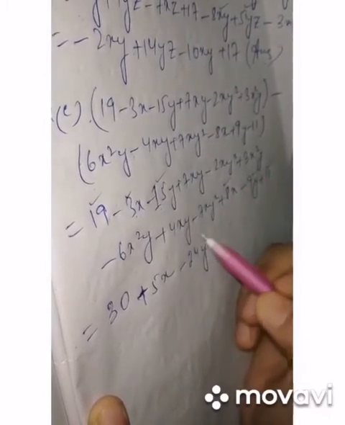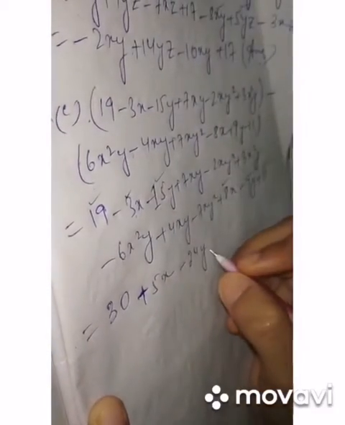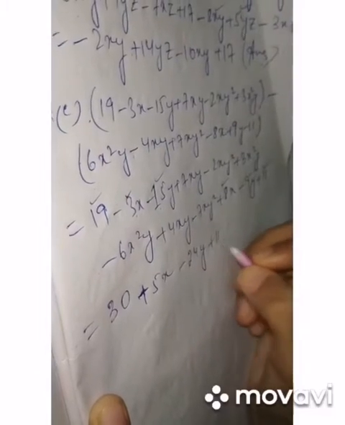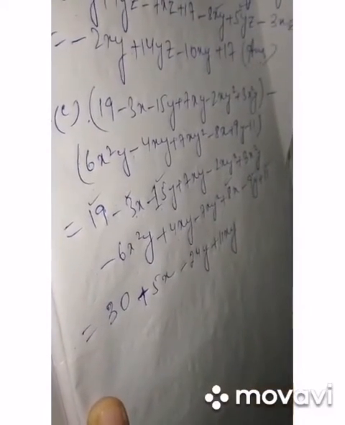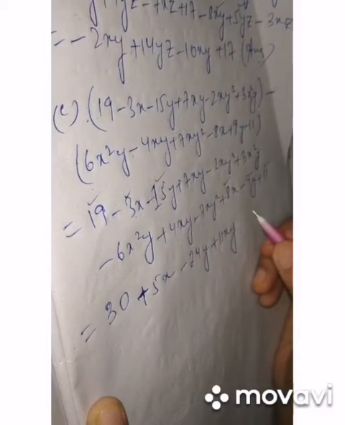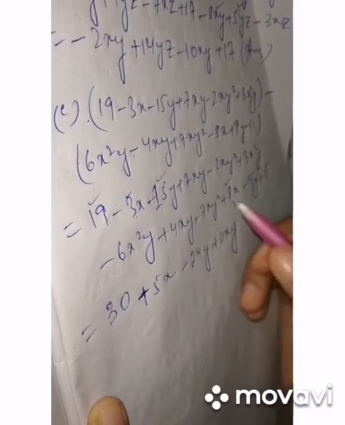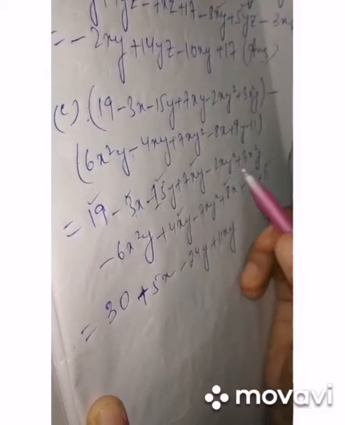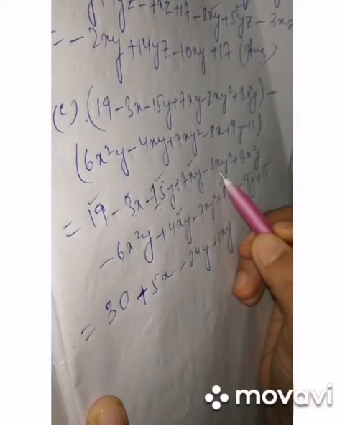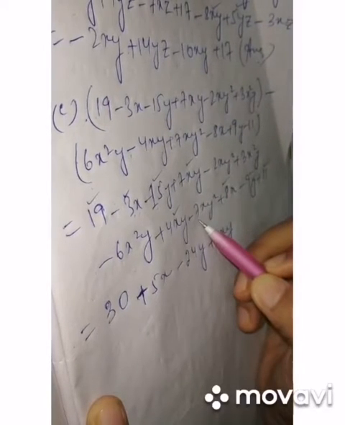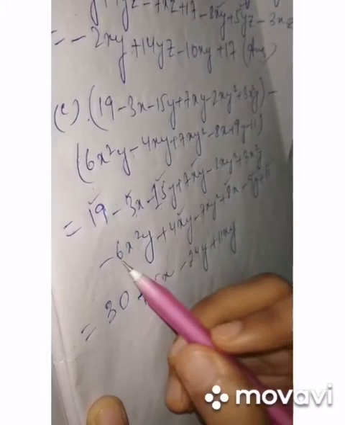7xy plus 4xy, so it will be plus 11xy. Minus 2xy square minus 7xy square. So the like term is not x square y.